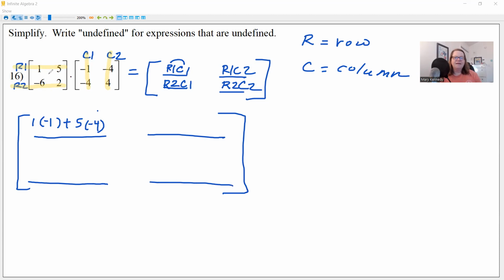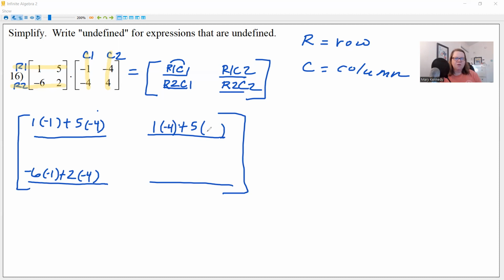Okay. All right. This spot right here is row 2, column 1. So row 2 is -6 and 2. Column 1 is still -1 and -4. Okay. This spot is row 1, so 1 and 5, and column 2 is -4 and 4.